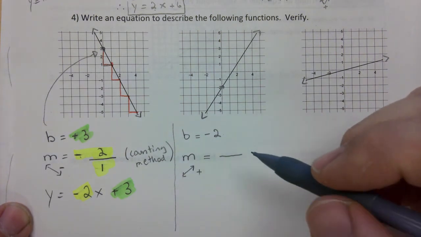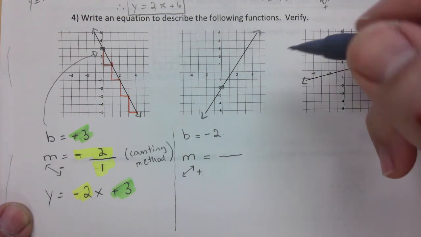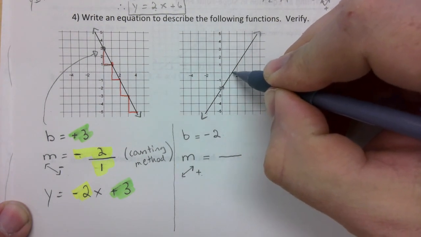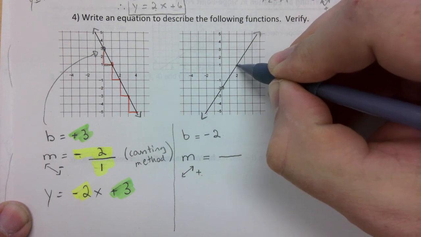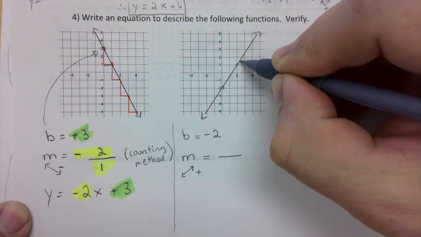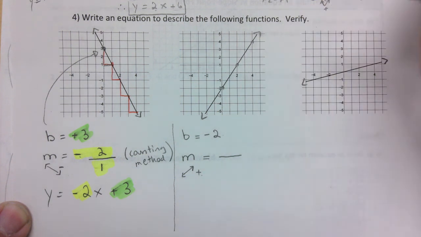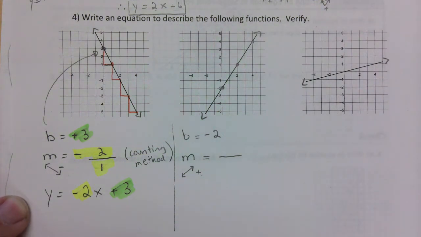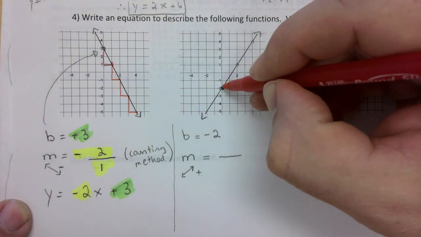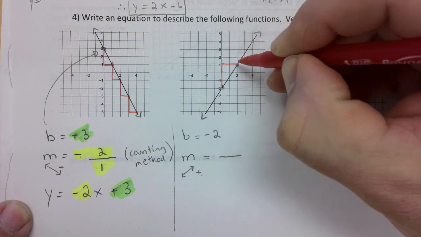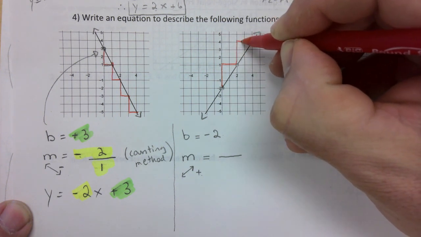Okay. My slope here is supposed to be positive, so let's scan the line. Not a good point. Not a good point. This is a good point right there. If you kept scanning, the next one would be here. Right. So it's always up or down first, and then over. So this, and this, and this, right?